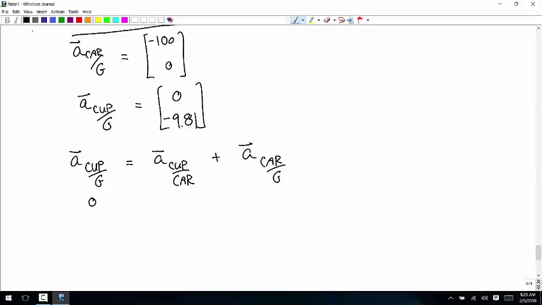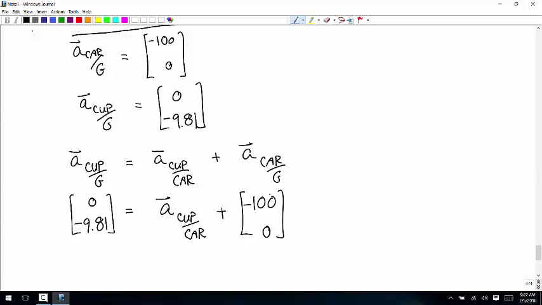And so we have 0, negative 9.81 is equal to acceleration of the cup relative to the car plus negative 100, 0.